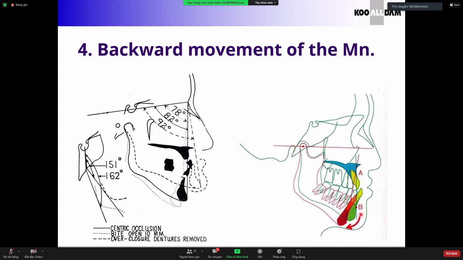So in class 3 patient, especially in class 3 deep bite case, increasing vertical dimension means the lower jaw moves backward and posterior. And this kind of movement is good for class 3 treatment.